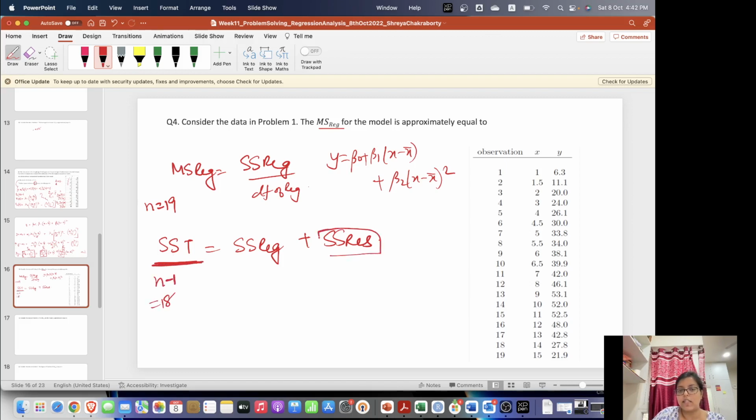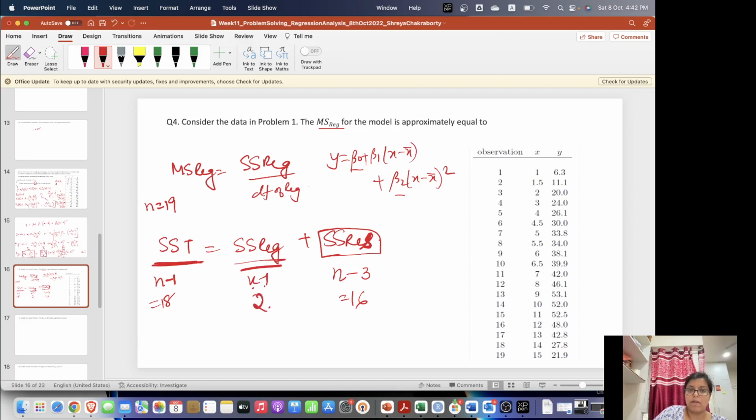And this residual DF would be how much? 16. That is n minus number of unknown parameters. That is 16. And regression would be k minus 1, that is 2.